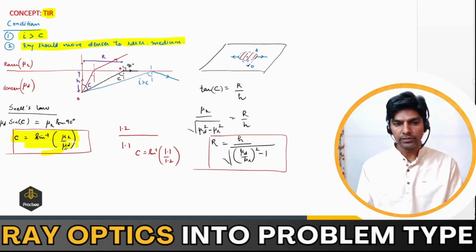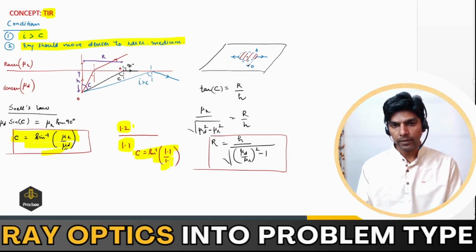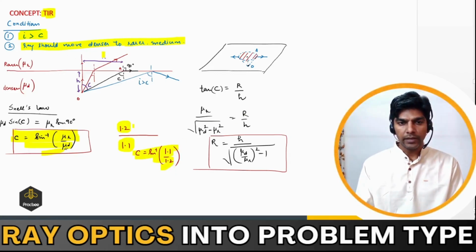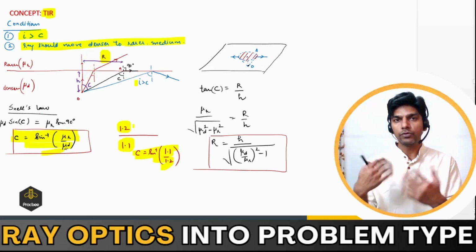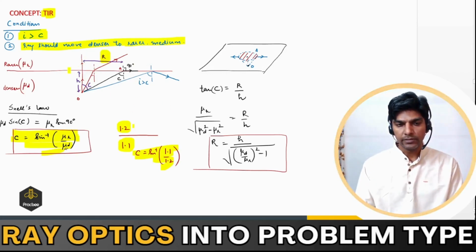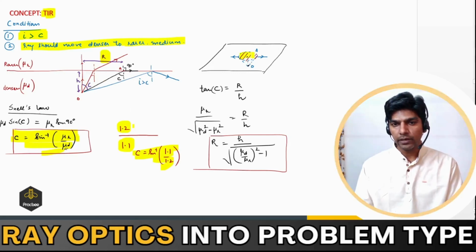rarer medium and mu t is the refractive index of the denser medium. And suppose if we have given two media 1.2 and 1.1, then the critical angle will be sine inverse 1.1 by 1.2. And R is known as the radius of the circle of illuminance. So the light which is coming out from denser medium to the rarer medium, it lies only in this region, right?